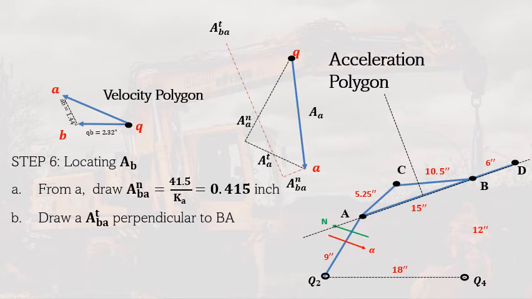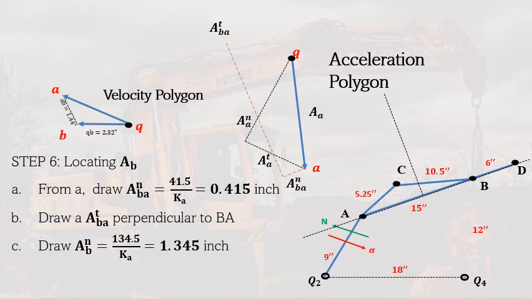This tangential component of B relative to A is also tangent to the ABA normal. So meaning it's 90 degrees here. So this is the acceleration of B relative to A tangential, or the tangential component of the acceleration of B relative to A. We do not know yet the value because we cannot get that yet, but we know the direction already.